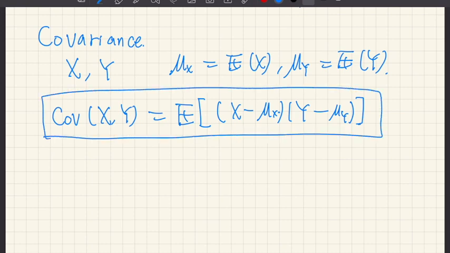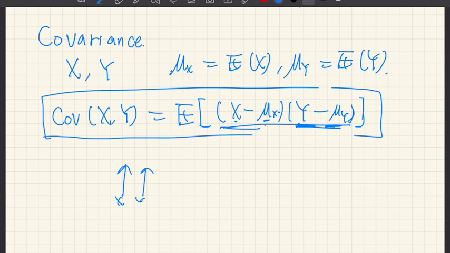What does this mean? If you look at the inside, if x is greater than its mean, then this is positive. And if at the same time y is greater than its mean, then this is also positive. So if both are positive, the product is positive. And if both are negative, then the product is again positive. So if x goes above the mean and y goes above the mean at the same time, then this term is positive.